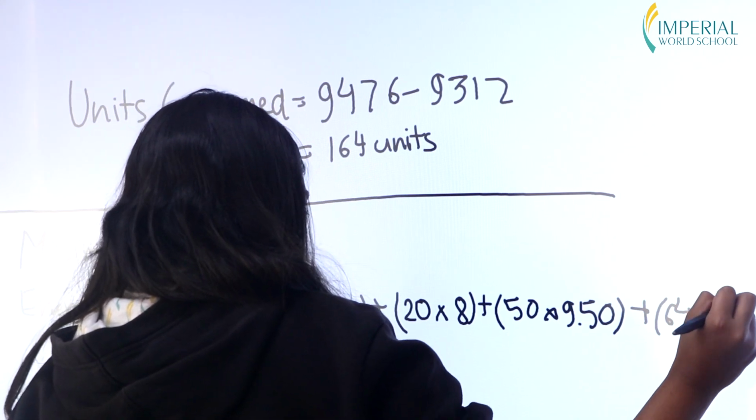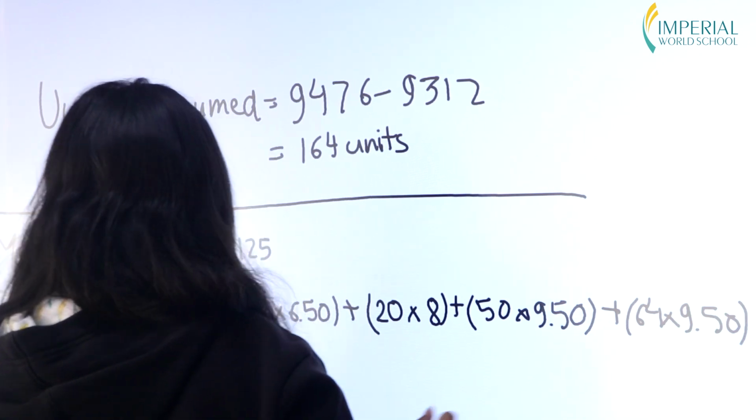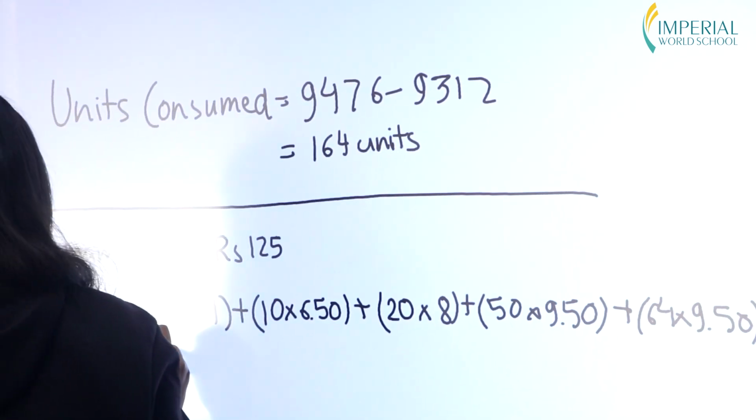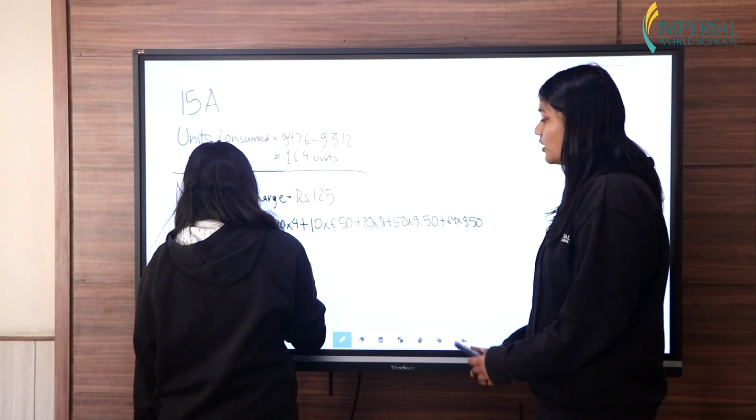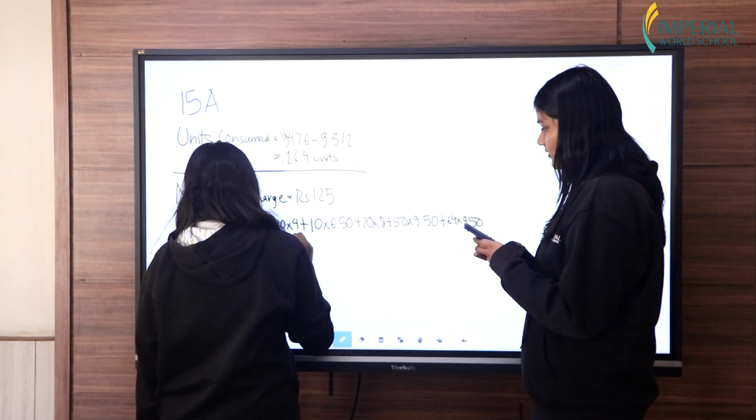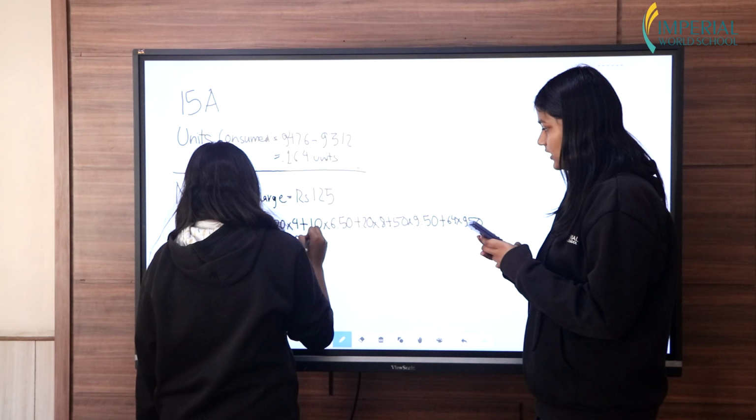So now we put all the values in our calculator and find the total energy charge. So the total energy charge is 1513.